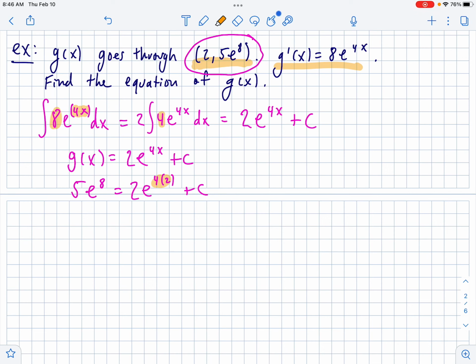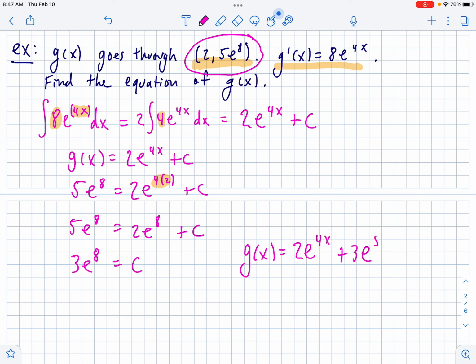Then this part just becomes e to the 8th, so you get 5e to the 8th equals 2e to the 8th plus c. So then you can subtract 2e to the 8th from both sides and get 3e to the 8th is equal to c. And that means our final function is g of x is equal to 2e to the 4x plus 3e to the 8th.